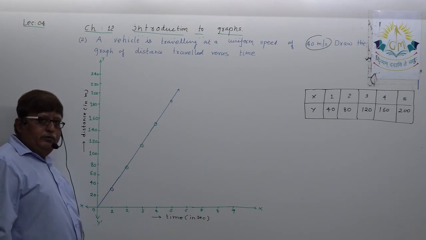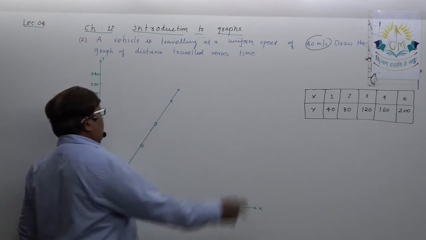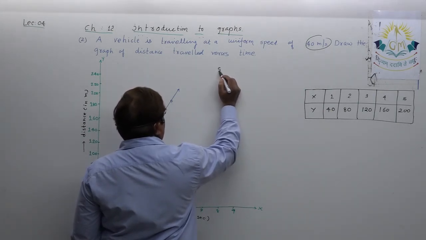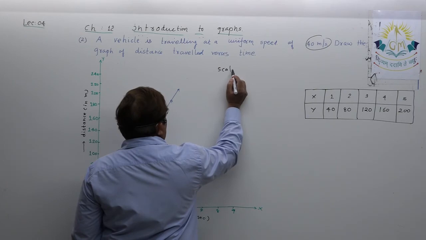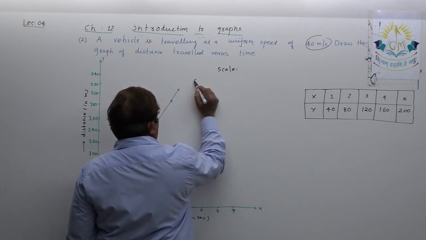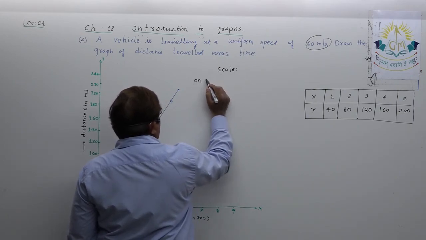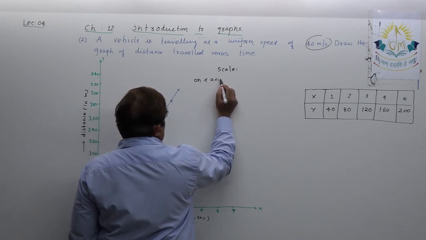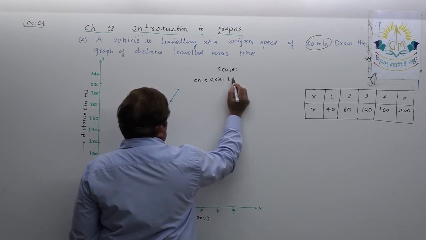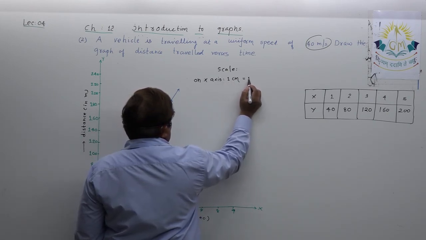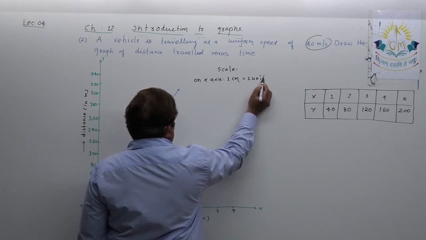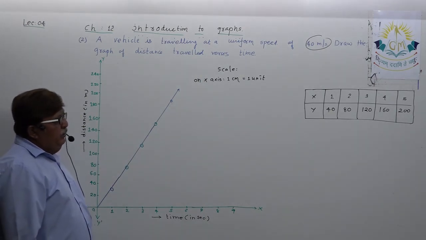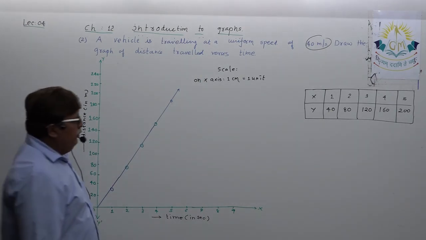Distance versus time. And as I told you, understand, scale factor is very important aspect to note down. Somewhere in textbook they have given this way also. On x axis 1 centimeter equal to 1 unit, because no scale has been particularly applied on x axis. You can write this way.